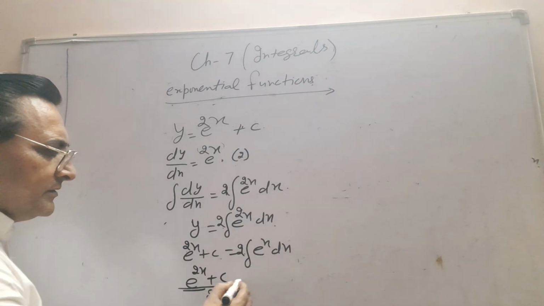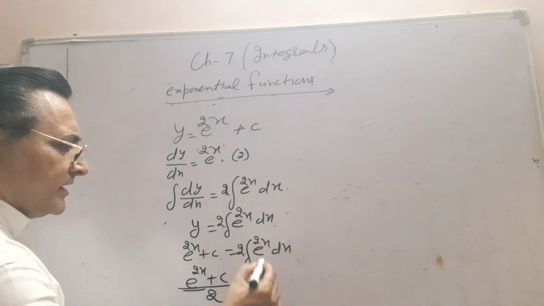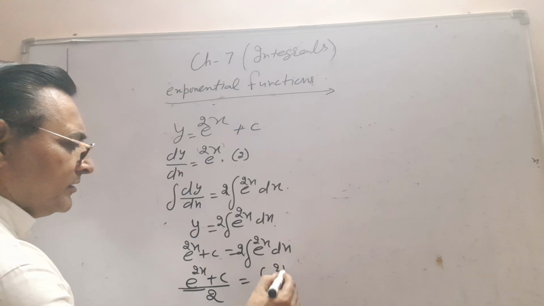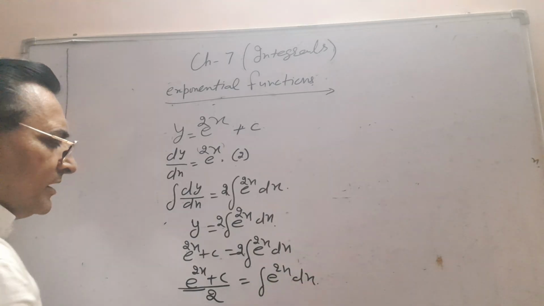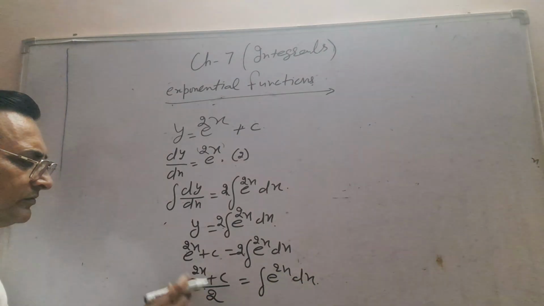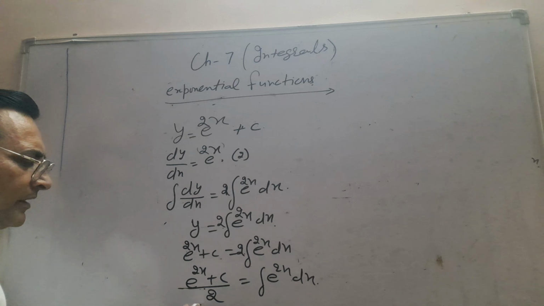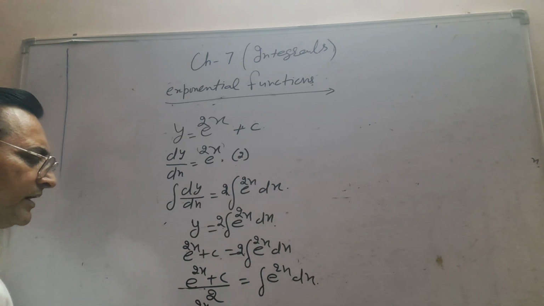So the integration of e power 2x dx can be written as e power 2x by 2 plus c by 2.